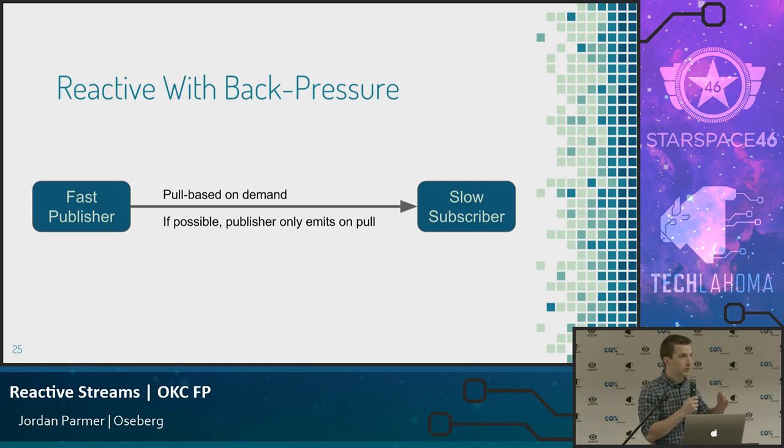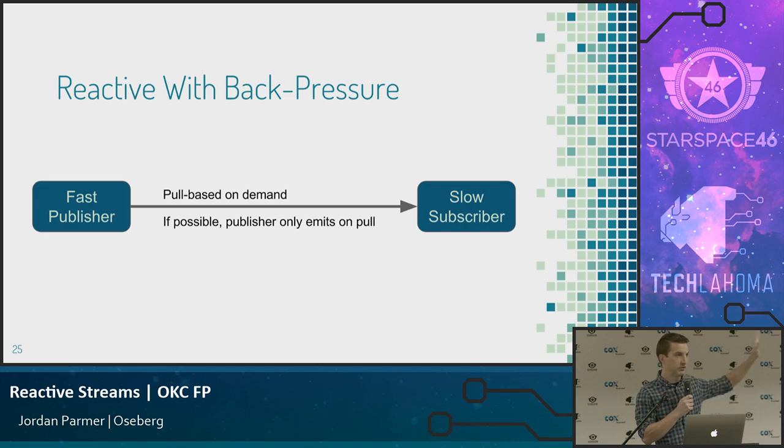So the idea with the reactive system is that we're going to have reactive with back pressure. And back pressure is really key to this technology. What back pressure does is it inverts the demand flow. So instead of something pushing downstream, your consumer will signal demand upstream and say, right now I can handle this amount of data, so go ahead and send this to me.